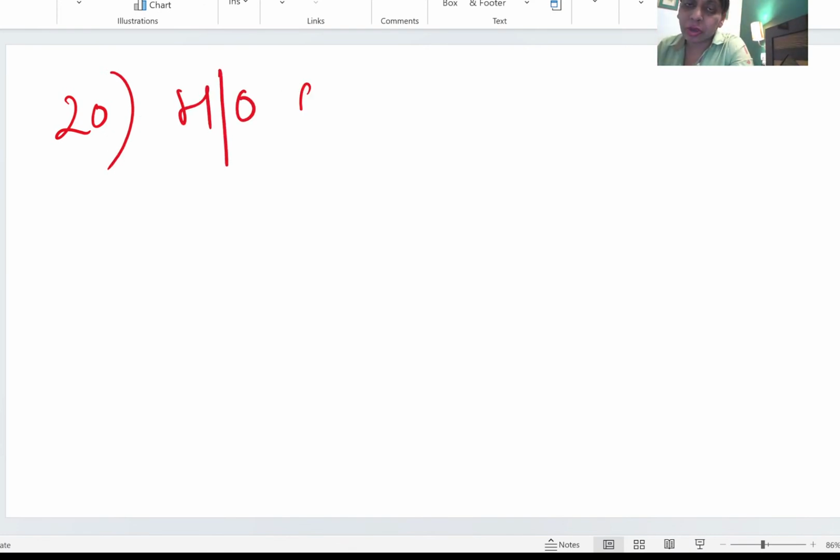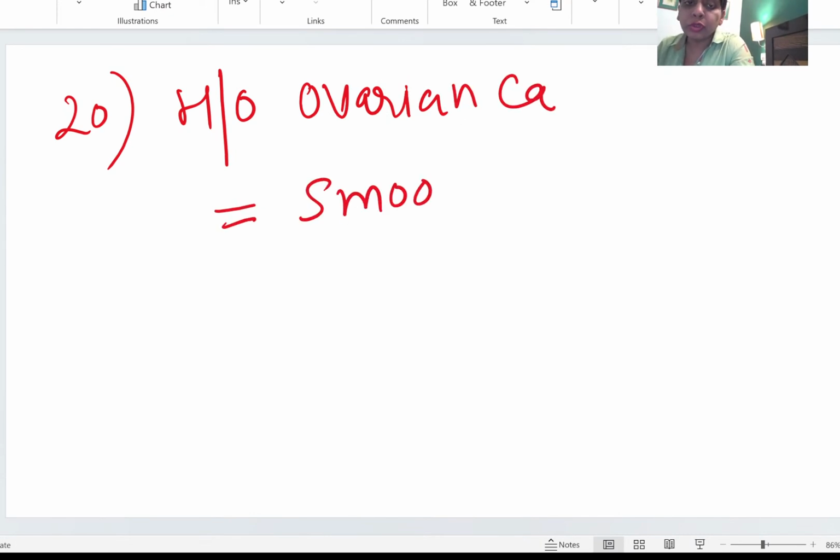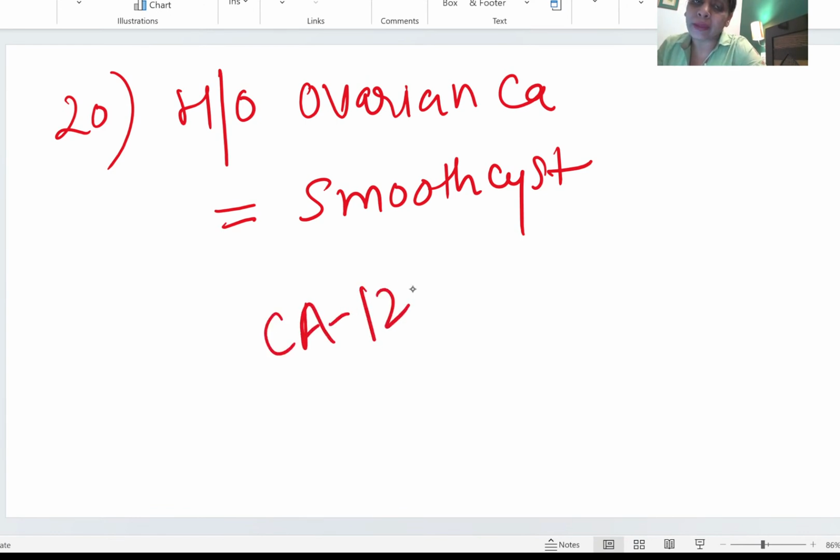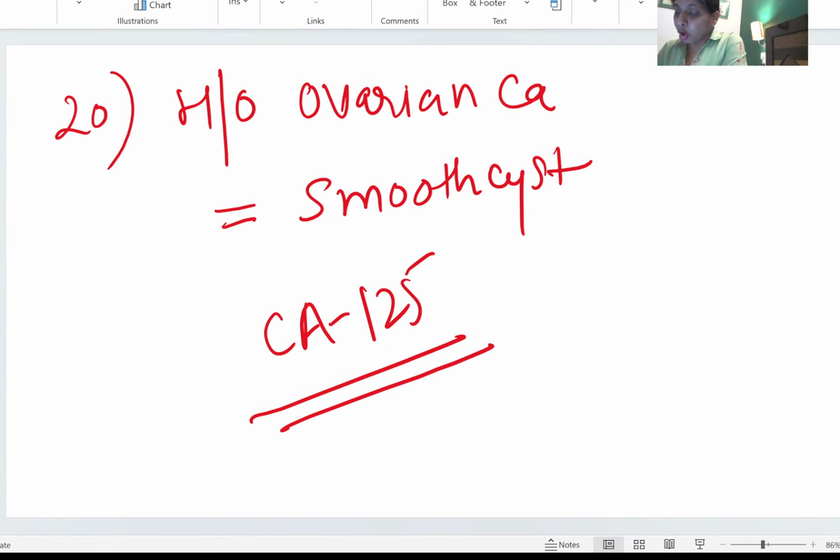Patient had a history of ovarian cancer, but now the patient is presenting with a smooth cyst. It means it is non-cancerous. But as the patient had the history and the patient's age is the same age in which the cancer develops, you have to follow up this patient with the tumor marker of epithelial ovarian tumor, that is CA125.